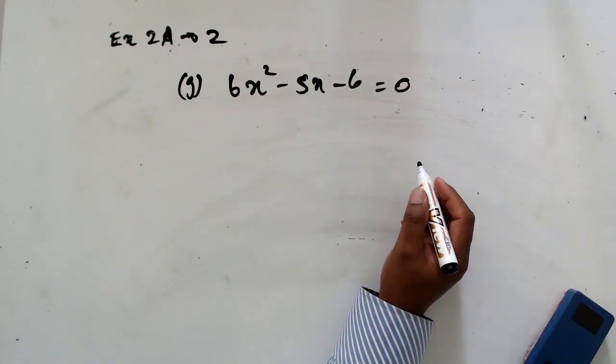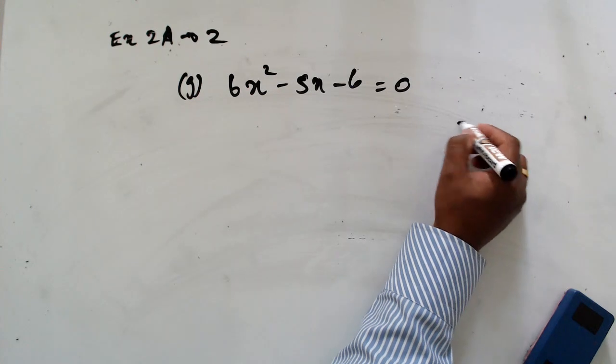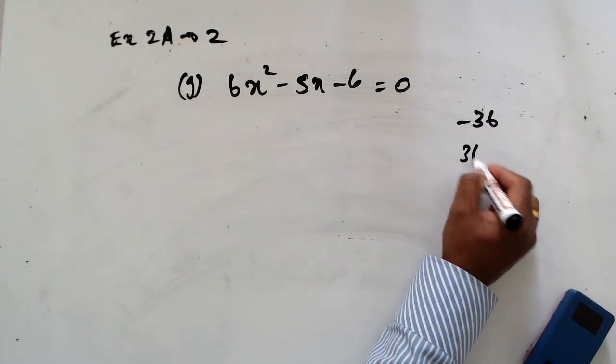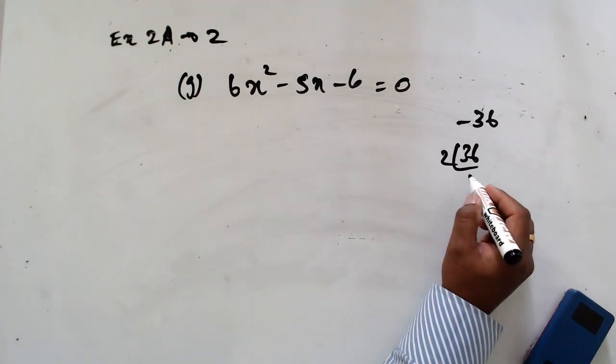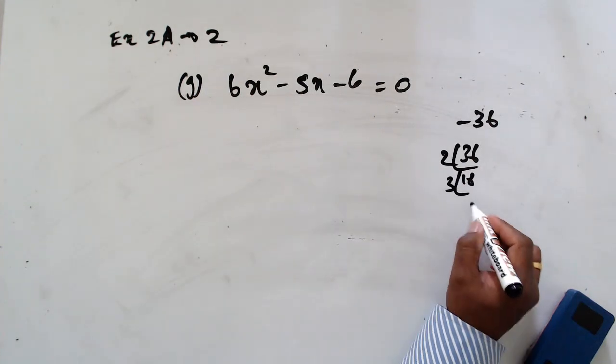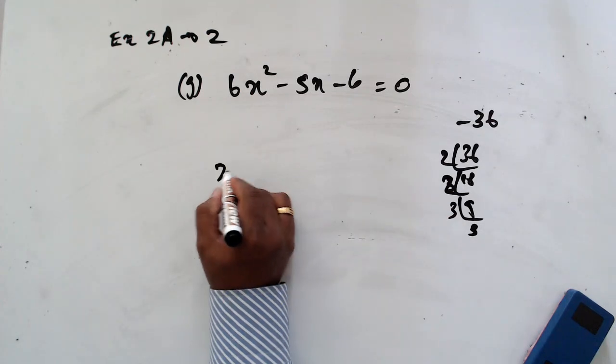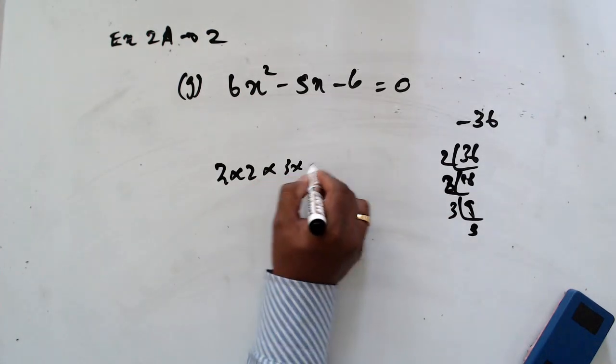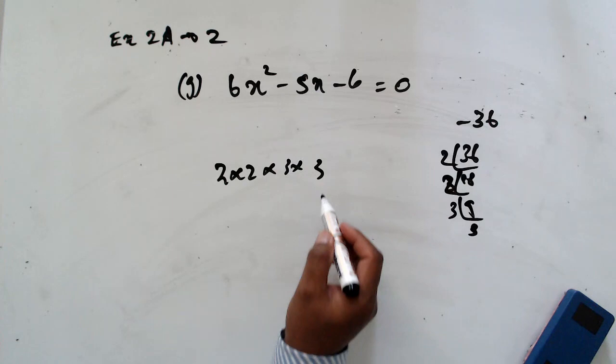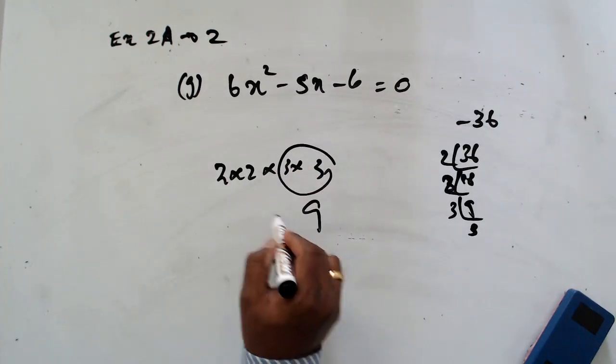Question G, in this sum, when you multiply, you need to get minus 36. So 36, 18, 9, 3, 3. So 2 times 2 times 3 times 3. What is the option? Okay, 9 and 4.